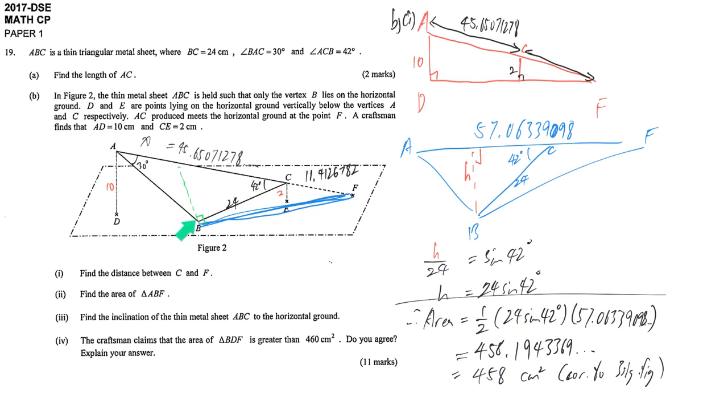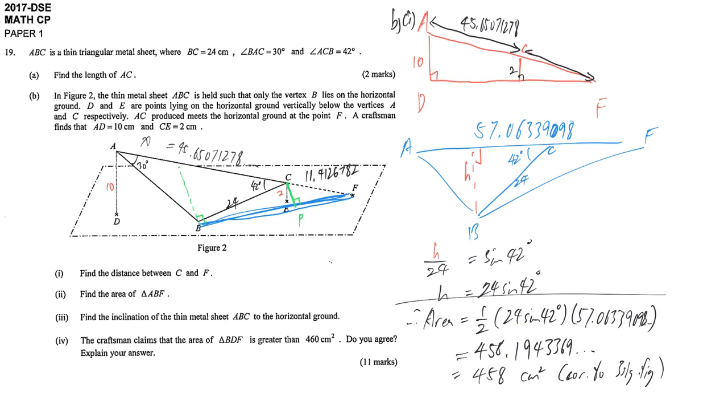But B is not a good choice, because at point B we don't have much information on the horizontal plane. So I prefer point C or point A, because for both of them we have the projection of those points. Let's say I choose C, because we have more information on this triangle. So we use the green line here to represent the inclined plane. Let the point of intersection be P, just a random letter.